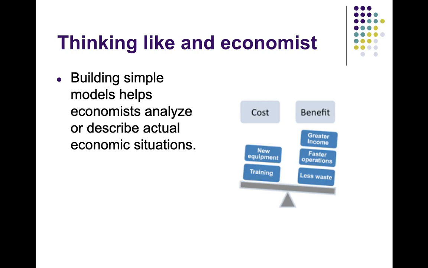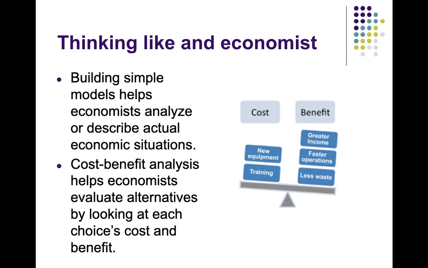It's a way of helping us visually see what our resources would be best used for. And then the cost benefit analysis helps those economists evaluate alternatives by looking at each choice's cost and benefit and making the best economic decision to help that country or that company, things like that.